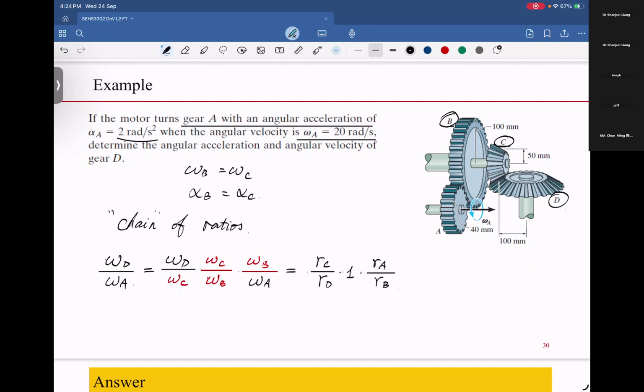Okay. And the ratio is, we just substitute. RC is 50 millimeter, right? And RD is 100 millimeter, times 1 and times RA is 40 millimeter and RB is 100 millimeter, right? So at last you can get a ratio, right? The ratio is a number.